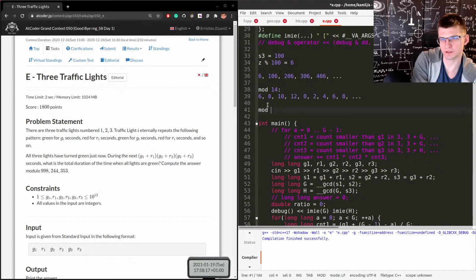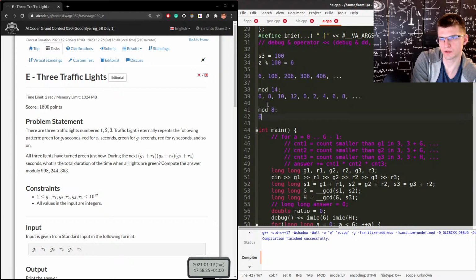No, I want something not coprime, yeah. 8. 600 modulo 8 is 4. 2, 6, 2, 6, 2. In this case, we have a nice cycle of size 7.